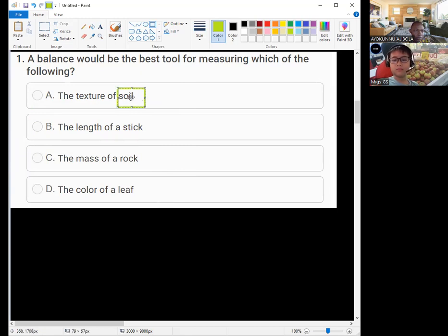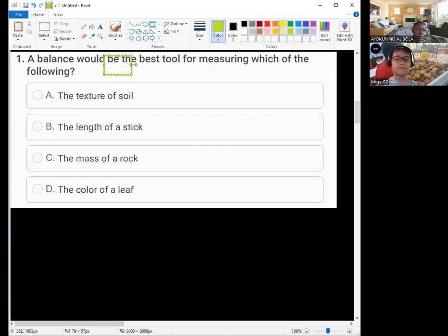The first one is talking about soil, the second one about a stick, the third one about a rock, and the fourth one about a leaf. Where this question concerns soil is that the first one talks about the texture of soil, and the third one talks about the mass of a rock. And soil came from rock, right? Yeah, that's good.